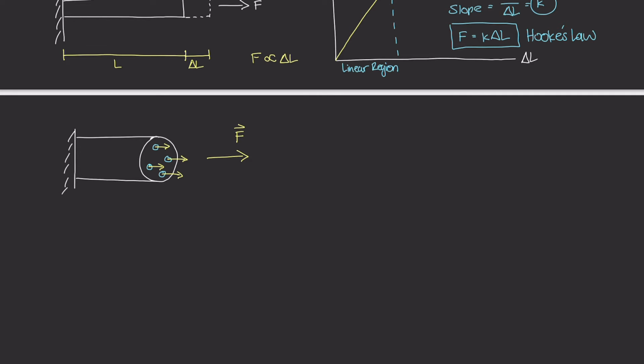Okay, that makes sense. The number of molecules on a cross-sectional area is directly proportional to that area. So the bigger the area, the more molecules there are going to be, and the smaller the area, the fewer molecules there are going to be.